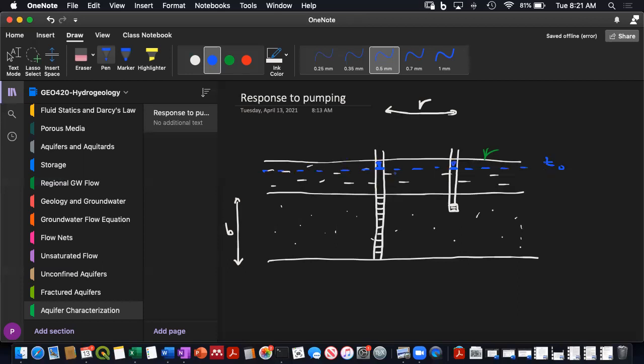All right, and this is the water level. If we put a well into any place in this aquifer, it would rise up to this initial groundwater level.